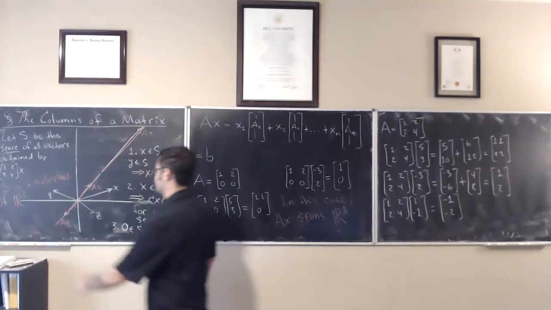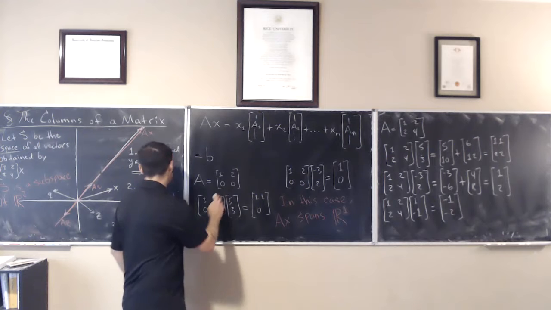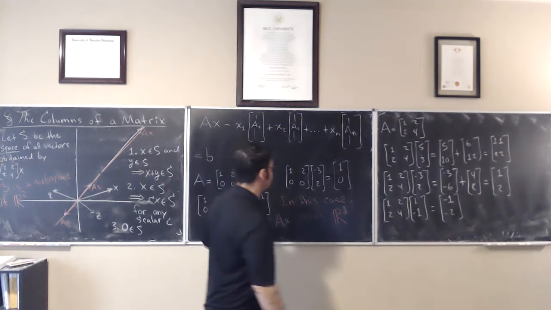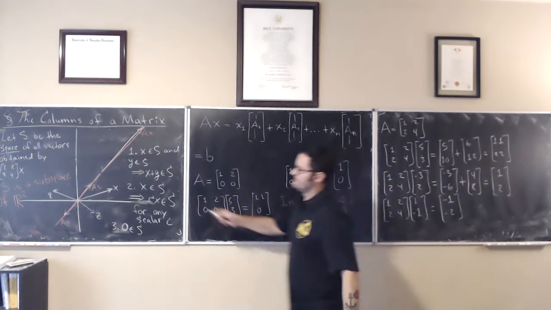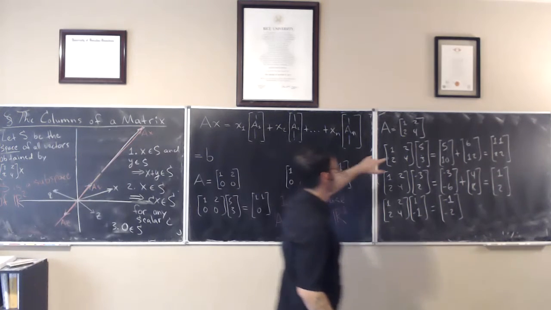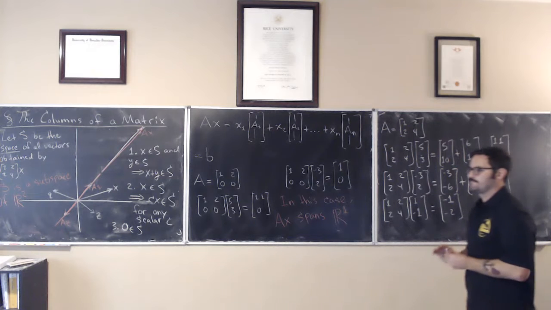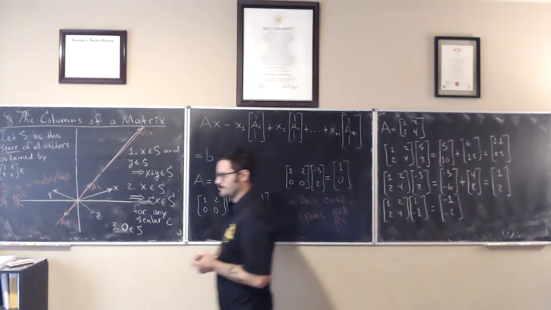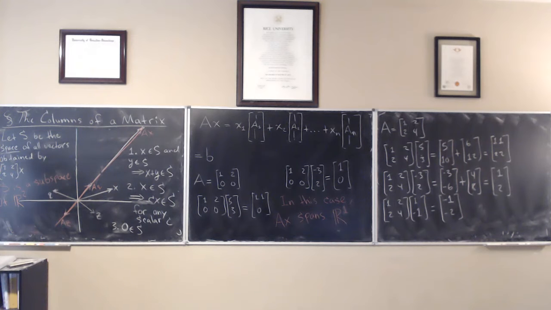Can anyone guess why? Here we all land on a line, the x-axis, if we multiply by that. With this matrix, we also land on a line, just this one. What do these have in common? Anybody?